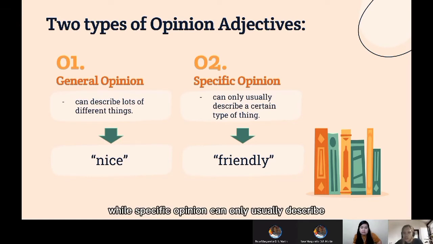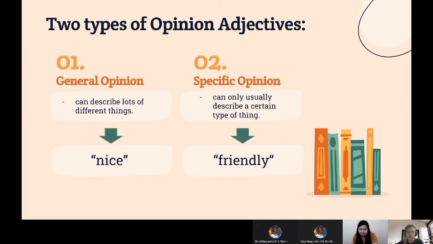While specific opinion can usually only describe a certain type of thing, like friendly. The word friendly can only be used on humans or on animals. If you use friendly on things, you can say that's a very friendly laptop or a very friendly car. You can say that, so those are called specific opinions.